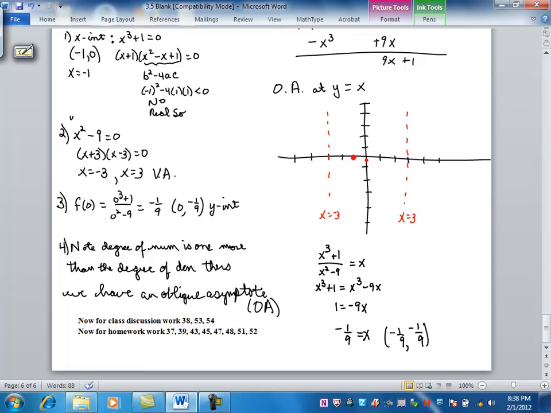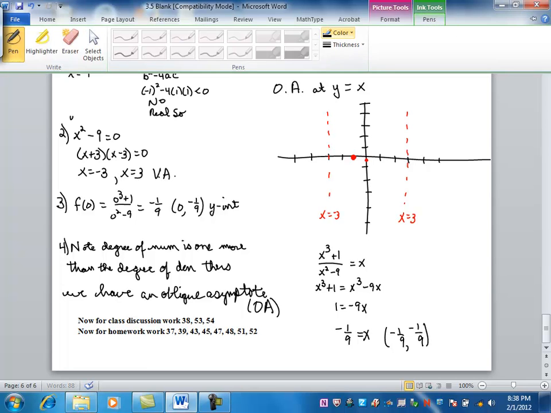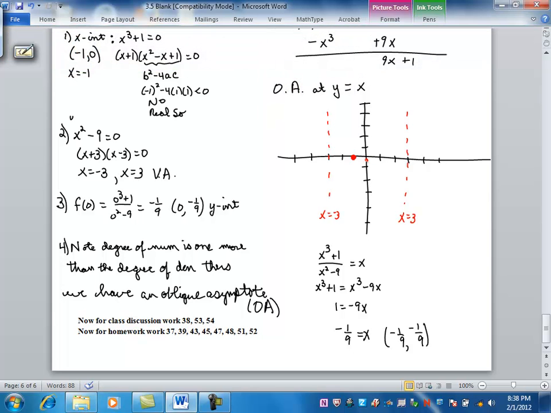And so let's put that in right in here. And while I'm at it, let me draw in this slant asymptote, y equal x.